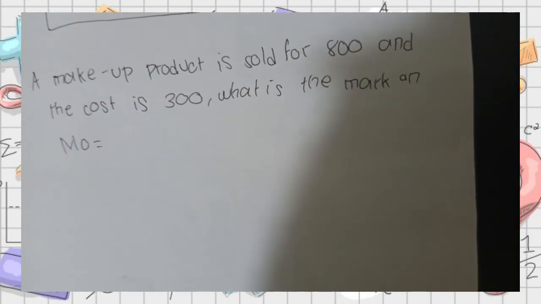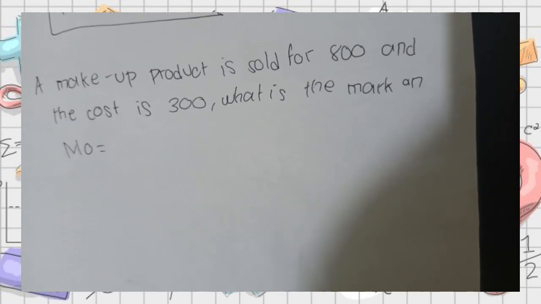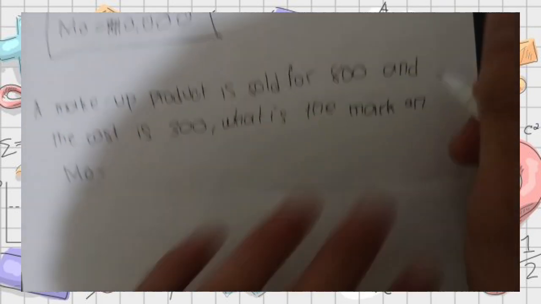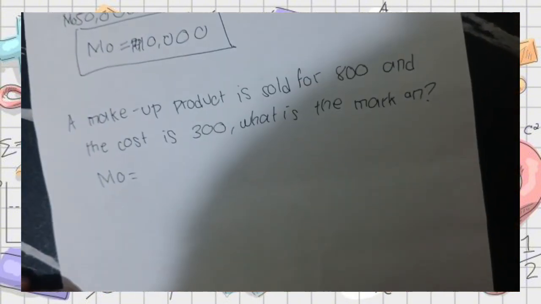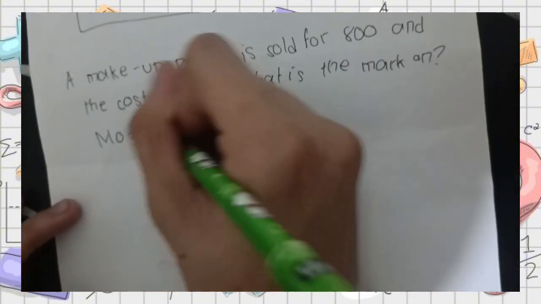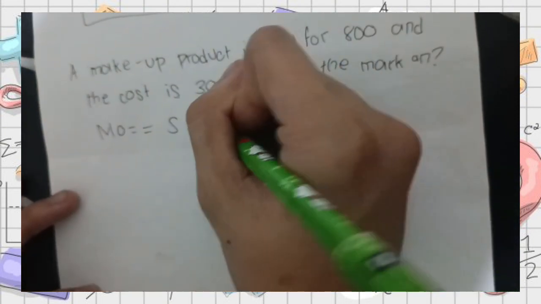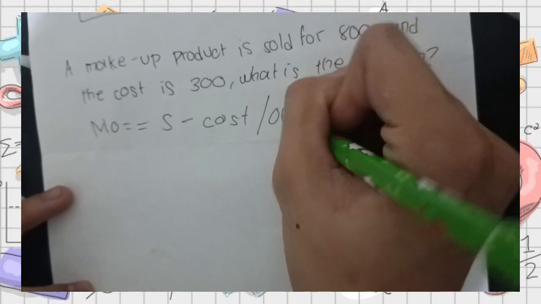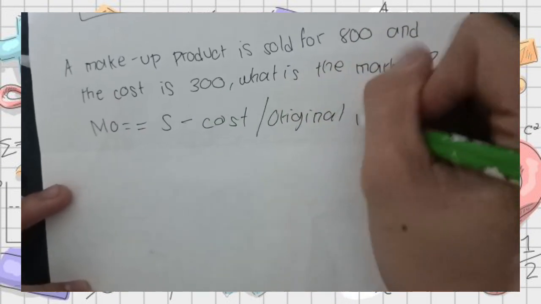A makeup product is sold for 800 and the cost is 300. Ang tanong, what is the markon? And ganito ang gagamitin nating formula. Markon equal to selling price minus the cost or the original price.